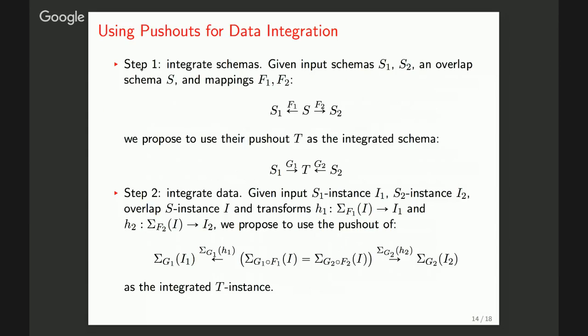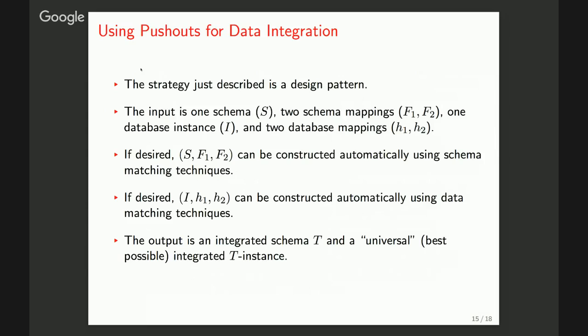So that is a lot of math, but the point here is really that this is a design pattern, and that it's not necessary to understand anything that I just said to use this. In particular, the input to our design pattern for data integration is one schema, two schema mappings, one database instance, and two database mappings.